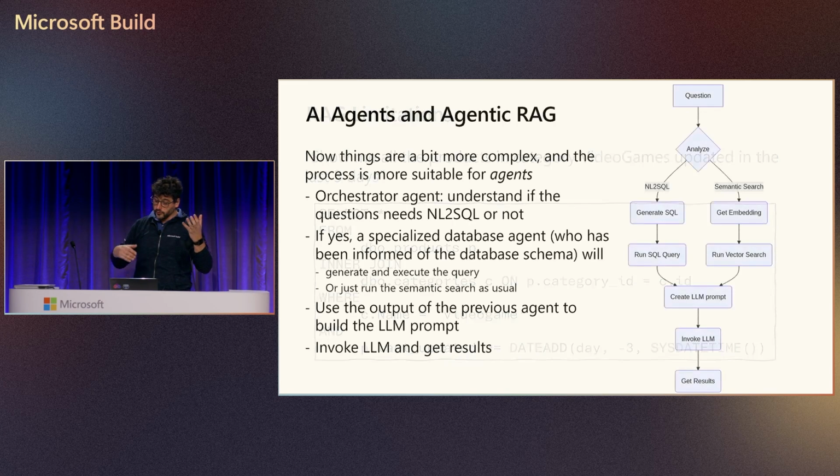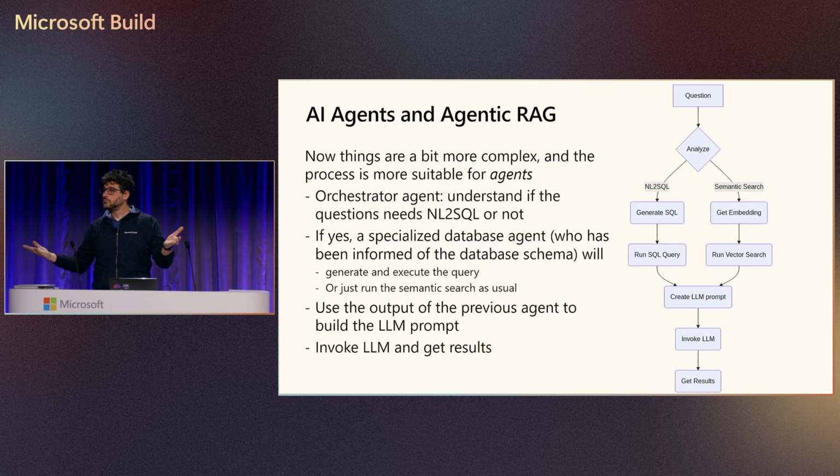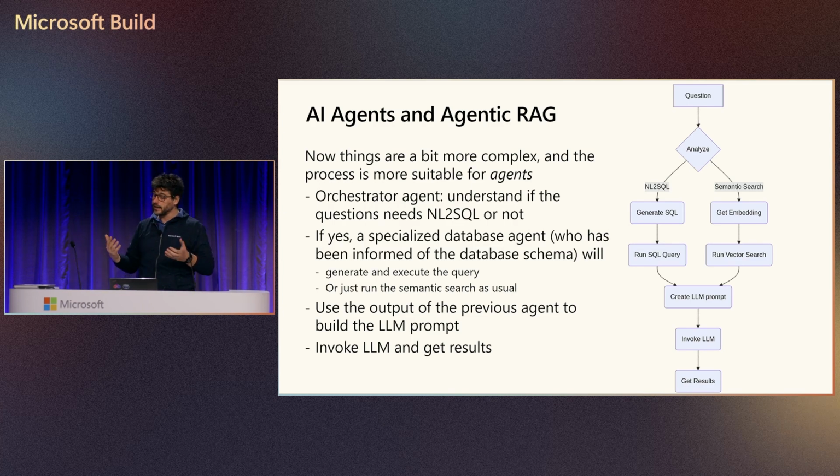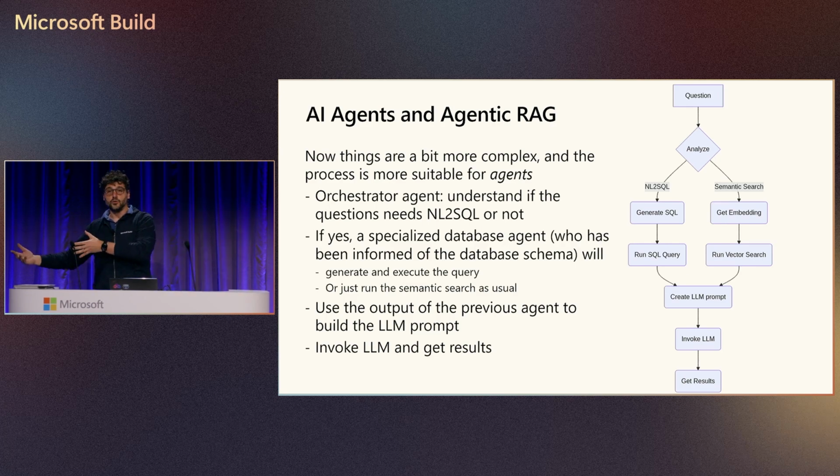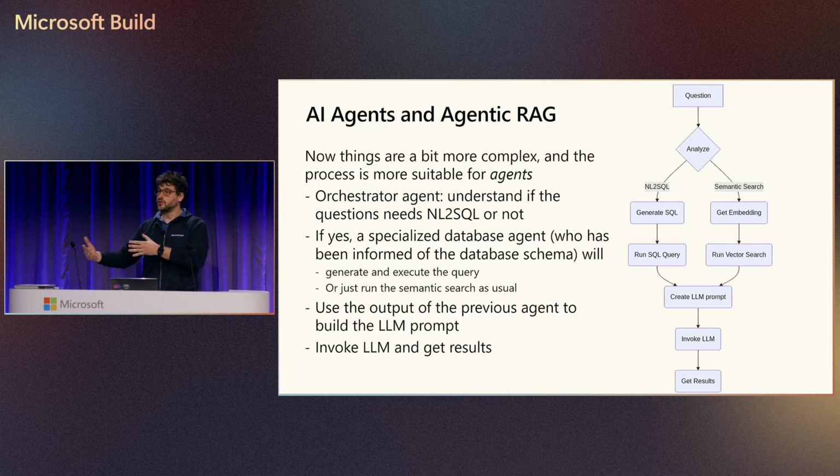So you need to move to a slightly more complex pattern called Agentic RAG, where you first have an orchestrator that understands what to do. Is this question something that I can answer precisely by generating and executing a SQL query? Or is this question something I need to answer using semantic search, and thus I need to generate the vector, do the hybrid search, and then put everything together?